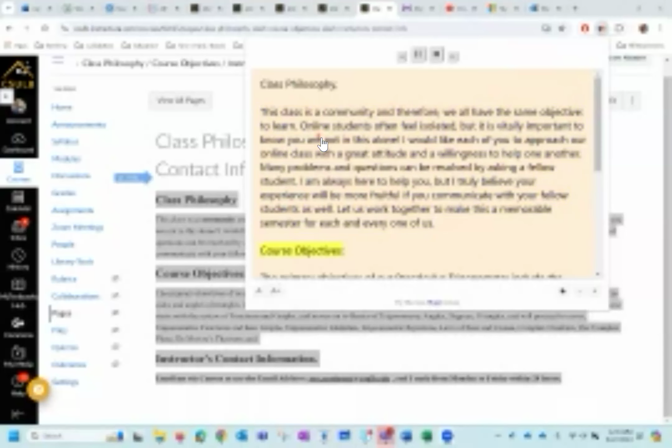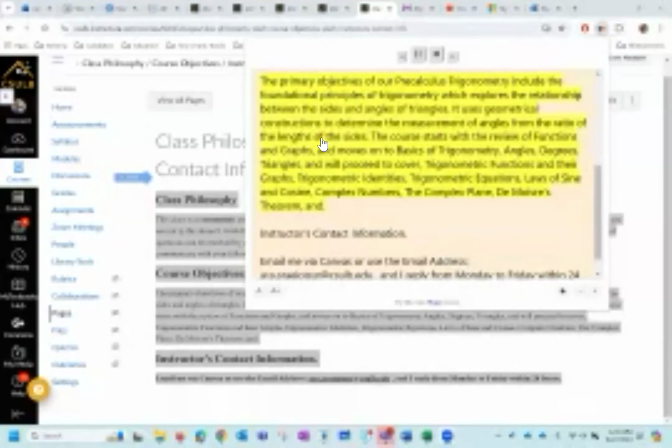Course objectives. The primary objectives of our precalculus trigonometry include the foundational principles of trigonometry, which explores the relationship between the sides and angles of triangles. It uses geometrical constructions to determine the measurement of angles from the ratio of the lengths of the sides.